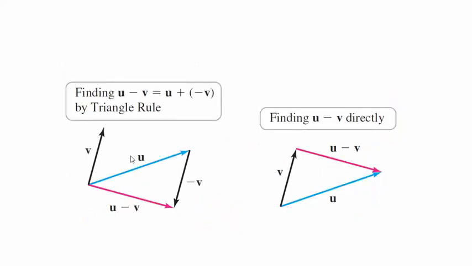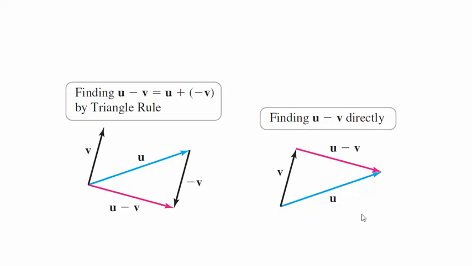All right, so if I have vector v and vector u here, and I want to find u minus v, I could think of that as u plus negative v. So this is the resulting vector u minus v. So let's say I have u and v in standard position here. So here's u minus v. Makes a triangle, right here.